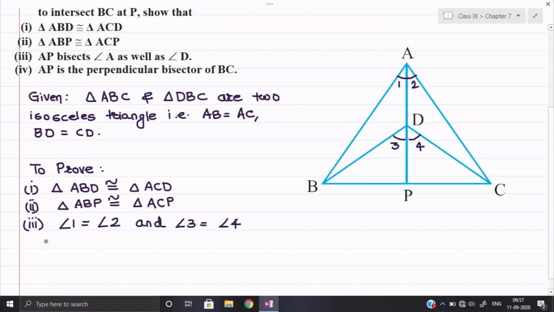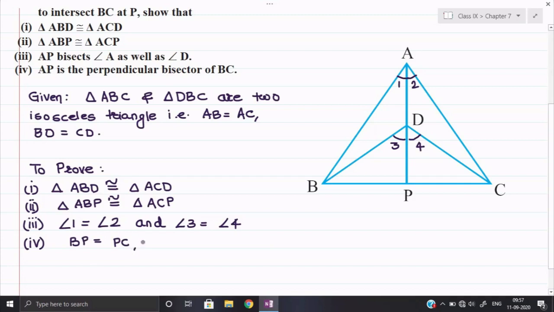Part number 4: we need to show that AP is the perpendicular bisector of BC. Here you need to concentrate on two words, perpendicular and bisector. If AP is the bisector of BC, it means AP divides BC into two equal parts. So I need to show BP is equal to PC.